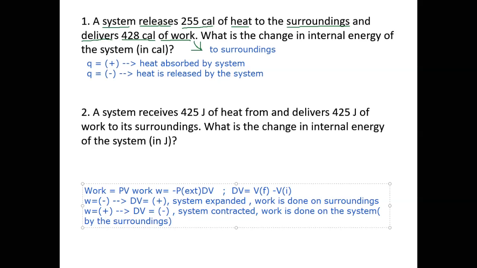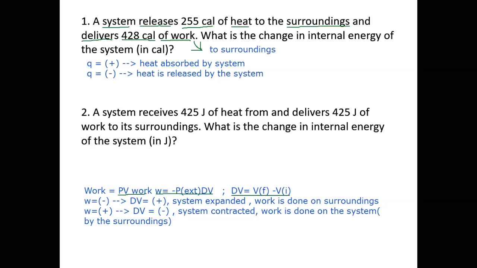So again, for work, we're only talking about pressure volume work, where work equals negative P times delta V, and delta V is V final minus V initial.